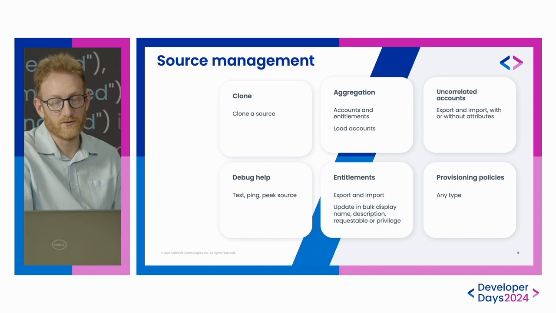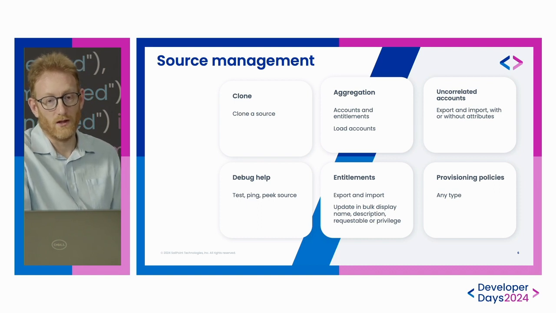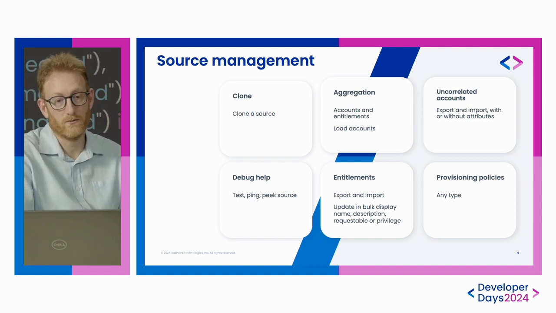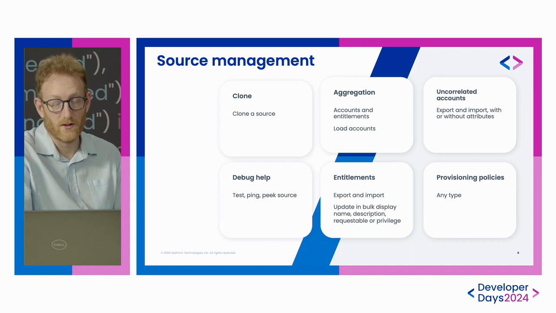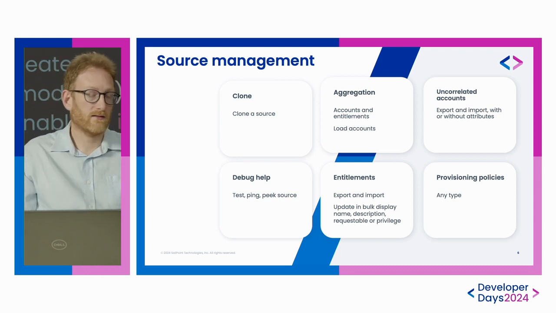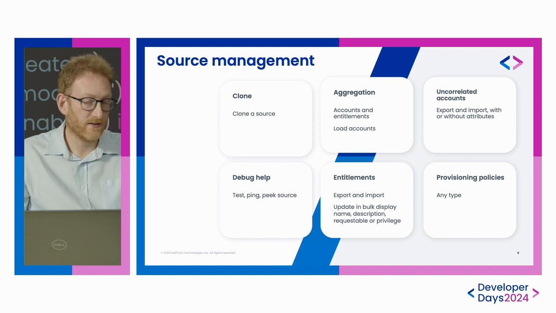So you don't have to start an aggregation. You won't actually aggregate accounts. You would just, or entitlements, you would just read some resource objects directly from the connector. So let's take a look at this.